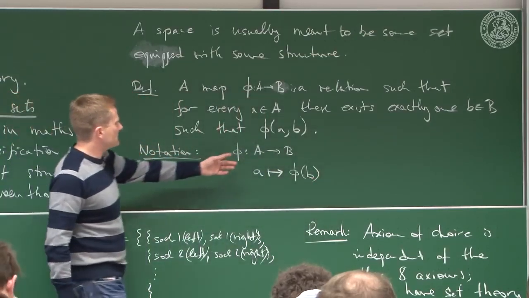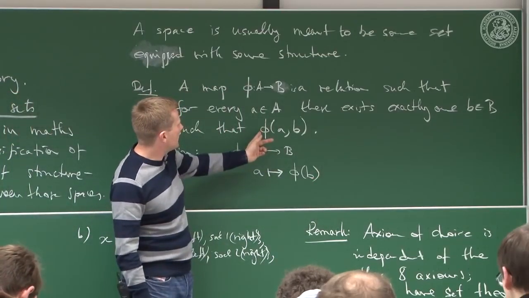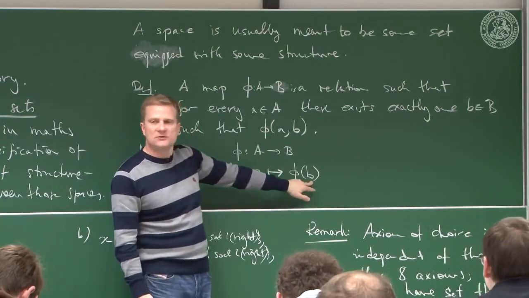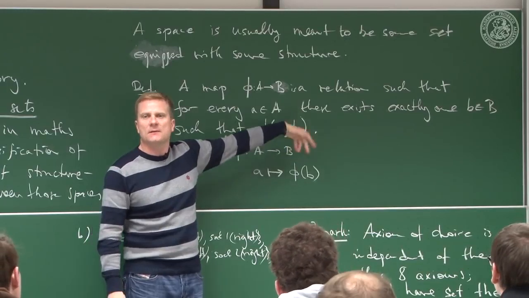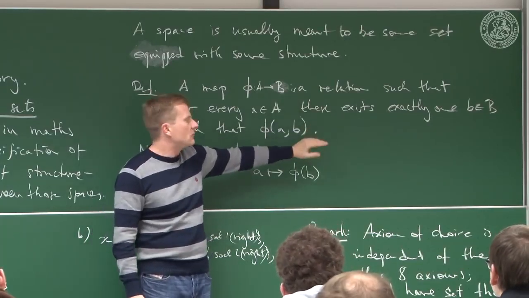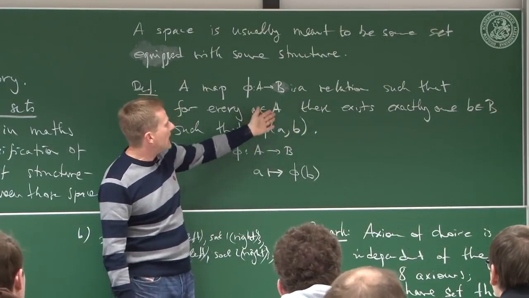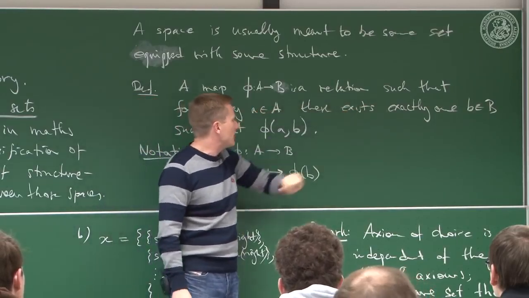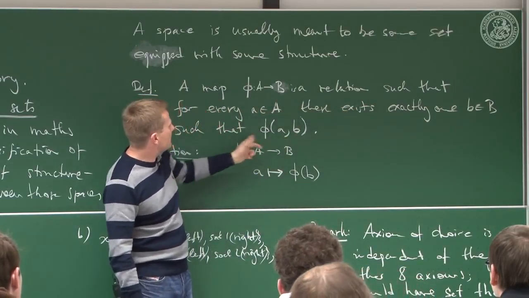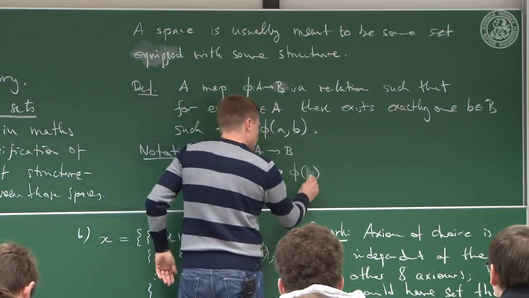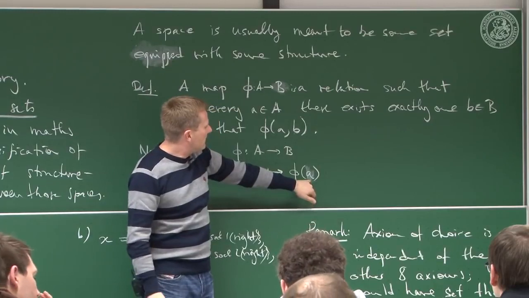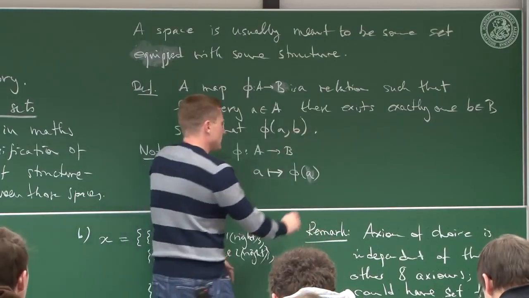And you see, if you say phi is a relation, then this is an abuse of notation because the relation needs to eat two objects and produce a truth value. But once we agreed that for every a in A there exists exactly one b in B, such that phi of a, b, then phi of a is precisely this b.